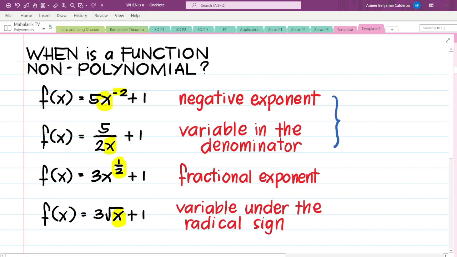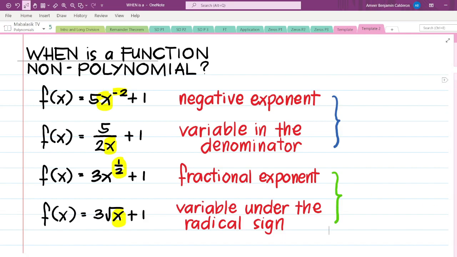And if you know your laws of radicals, you know that these two also morph into just one. But if you are looking for specific things on your polynomials, then these are the four conditions that we are looking for to tell that a function is a non-polynomial.